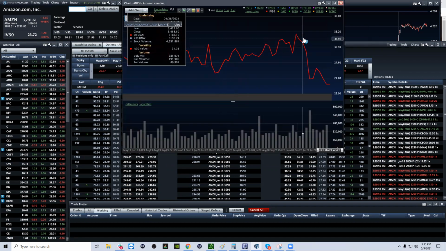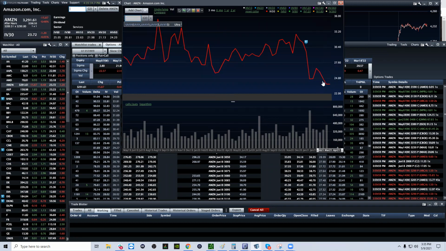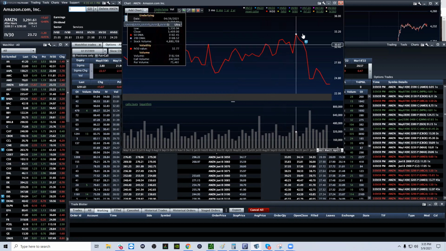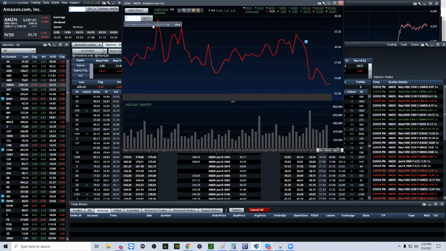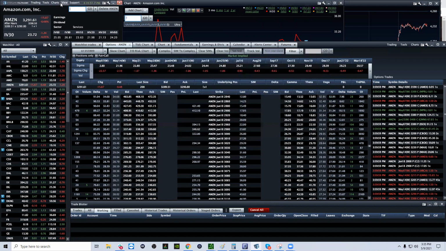I have this line. This is my implied volatility line for 30 days to expiration. As traders are buying and selling options, I'm moving this implied volatility up and down. You can actually see it moving up and down, plugging that into my pricing model, which then produces the option prices. That's the key.